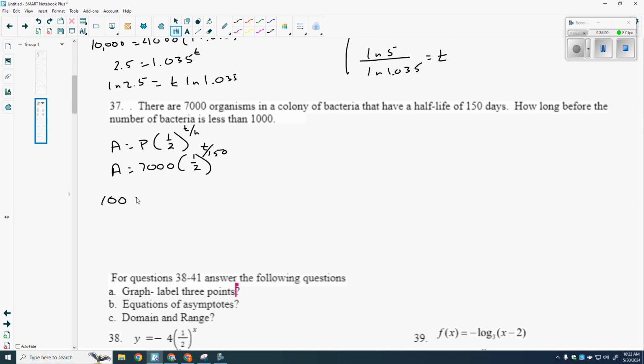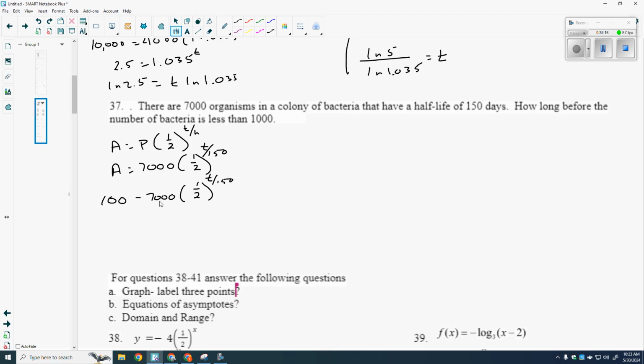Just for the sake of ease, I'm going to write it as equal to 100, and we'll talk about what makes it less than in a second. And I'm right back to what we just got done doing. Same exact thought process. I have a variable in the exponent, so I want to get the exponential part by itself.